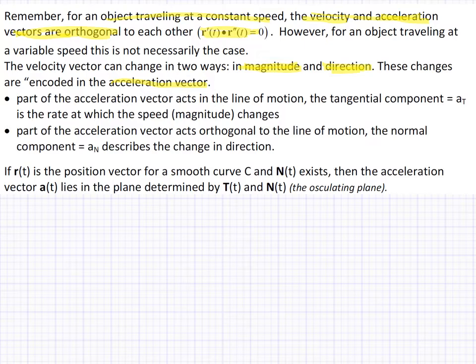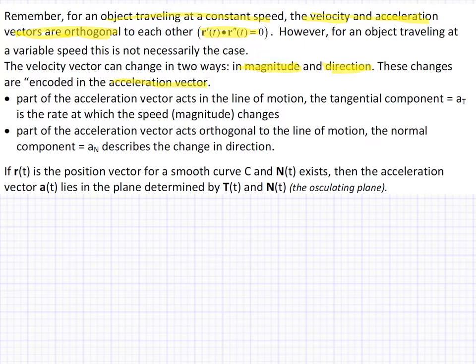How is the magnitude of the velocity vector changing? And remember, the velocity vector's magnitude is the speed. So how is the speed changing? Which is what you would typically think of as what acceleration is describing.